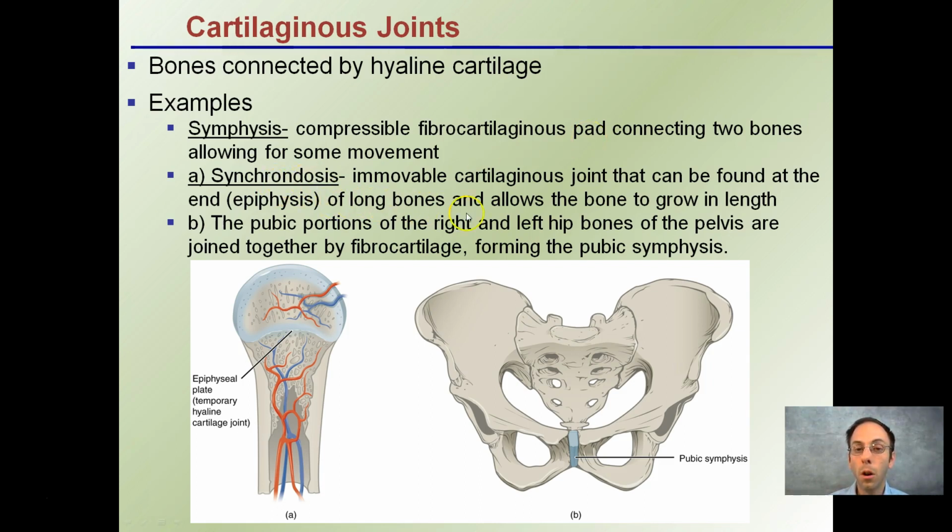Synchondroses are immovable cartilaginous joints that can be found at the end of long bones. This allows bones to grow in length. And the pubic portions of the right and left hip bones of the pelvis are joined together by this fibrocartilage. And this area here, remember, if we want to identify a male or a female, we look typically in this region to be able to do so.